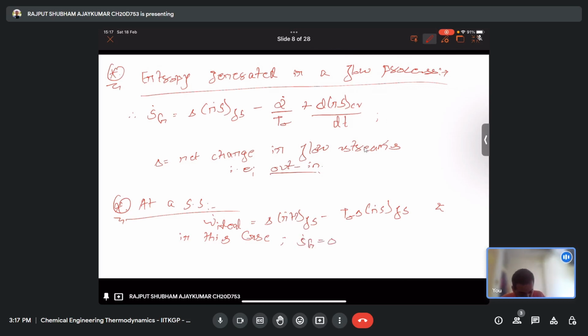So what I'm trying to say is that at a steady state, what will happen to the entropy generated in the flow process? Because the flow will be constant, the work done during the ideal process will be nullified. So in that case, the entropy generation during the flow process in the steady state will be 0.